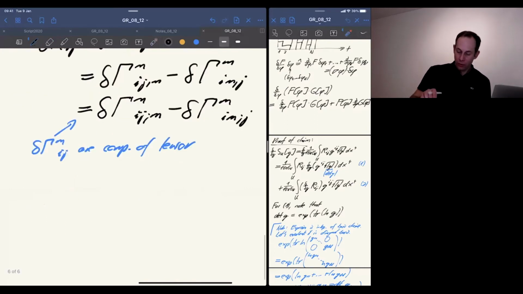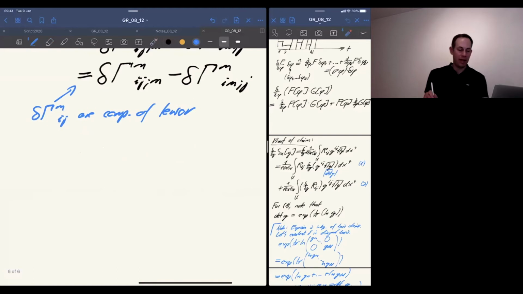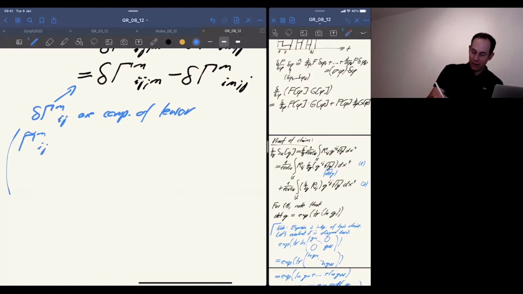Now, why is it true that delta gamma mij are tensors? So remember, a tensor, or the components of a tensor, have to transform in a particular way. And I think I gave this example quite some time ago, where I said, if you change basis, then the gamma symbols transform as follows.